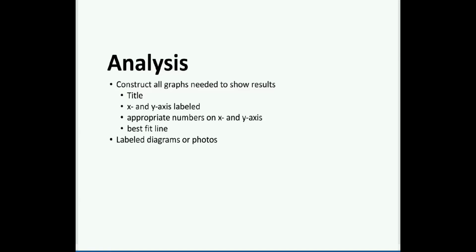If you want to include diagrams or photos that show the growth of your seed over time, let's say, for example, your seed is like this, and then it's like that. When you want your audience to see this growth, then you could include these pictures, and then you would label what's going on here, so they know.